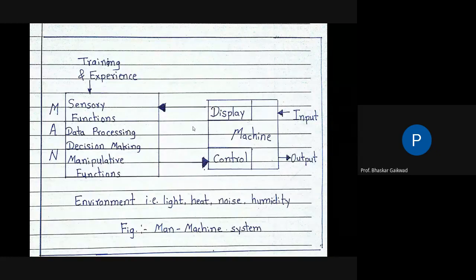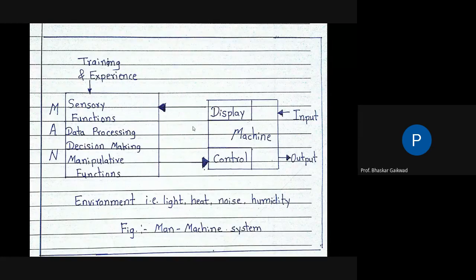Here I have given the diagram of the man-machine system on the blackboard also. Here there are sensing devices, processing devices, decisions, and manipulating functions. This is related to man. Through the display or through training, man will sense, process that data, take decisions, manipulate the same, and feed it to the control. The machine will work on that particular operation and the display will show it.